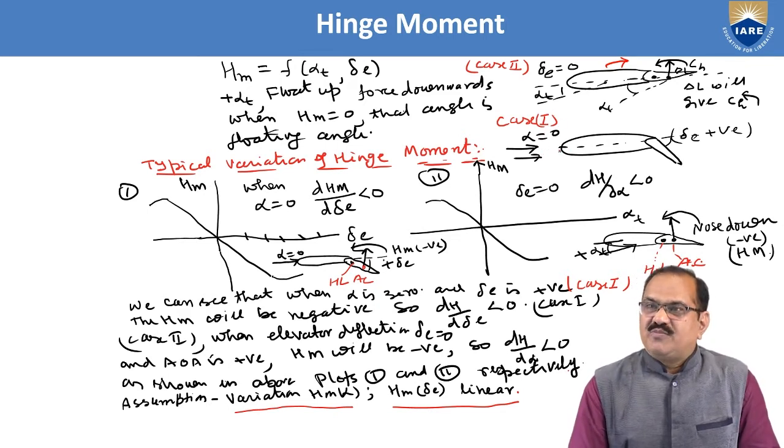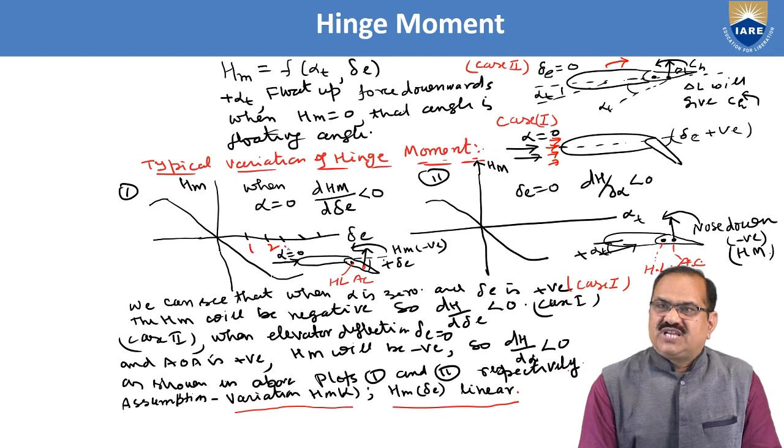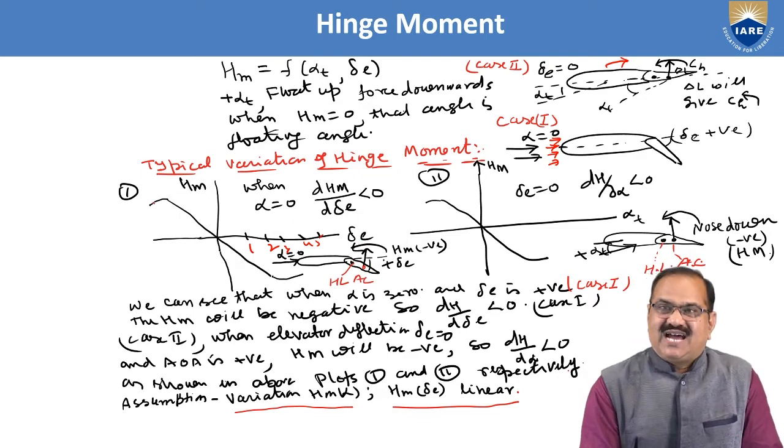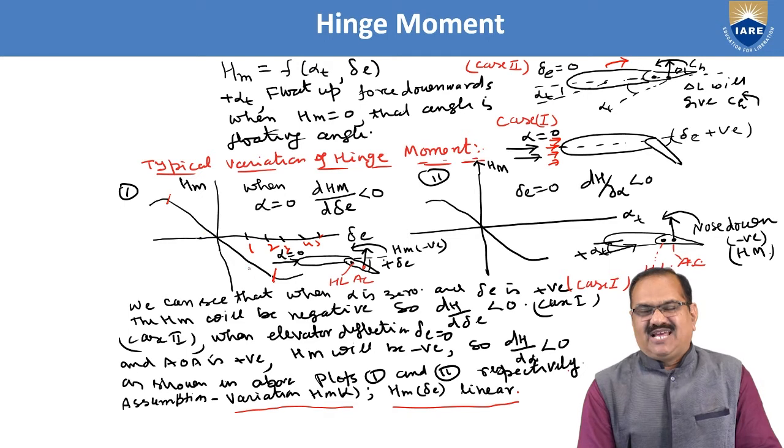Alpha is equal to 0 means the flow is going straight on this, but we have made a positive delta E. So delta E1, delta E2, delta E3, and so on. If you plot like this, we will get a curve like this, but we have to consider only the linear part, from here to here.